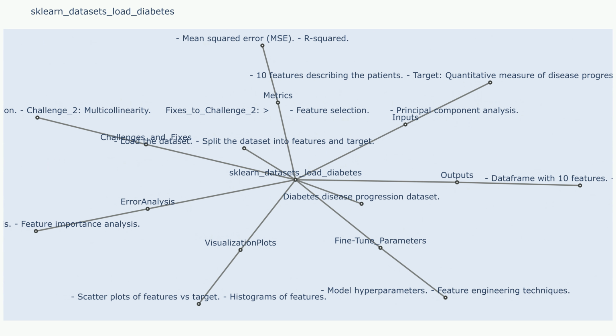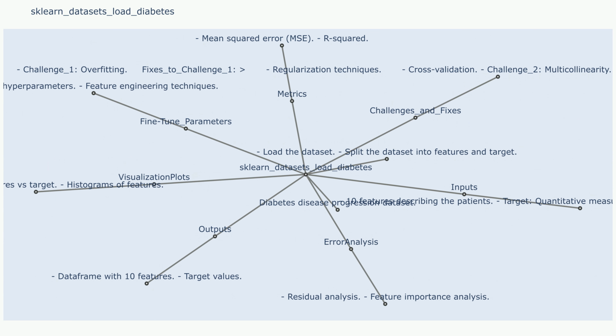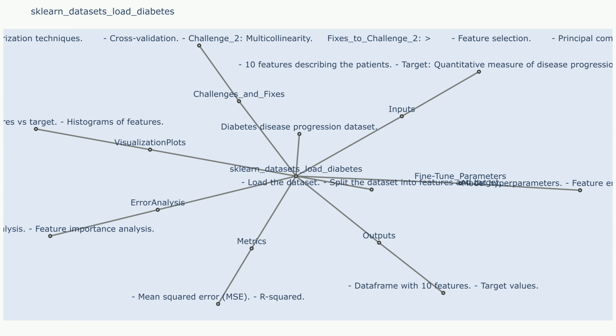Pair plots to visualize the relationships between all pairs of features. Fine-tune parameters: regularization techniques like L1 or L2 regularization can be used to prevent overfitting by penalizing large coefficients. Feature selection techniques like feature importance or recursive feature elimination can be used to select the most relevant features.